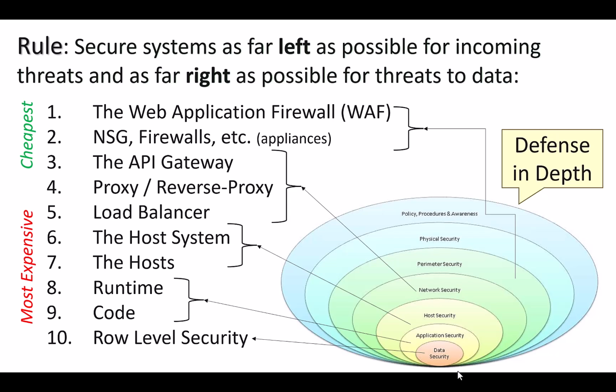If you're hosting in Kubernetes, in Azure Kubernetes Service, then the host system is Kubernetes and the hosts are the pods that your code will run in, and so on. And then you have the runtime that you sit upon, like in our case, Node.js, and of course the code you write. And then we want to secure the data tier, right? We want to secure the data tier by implementing row-level security and other security things.